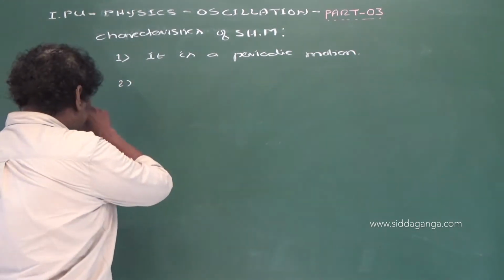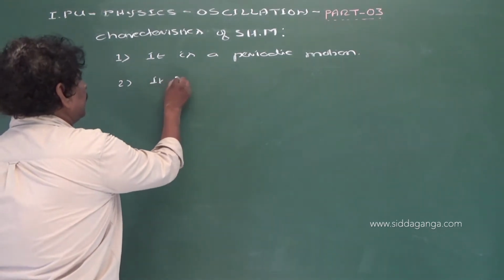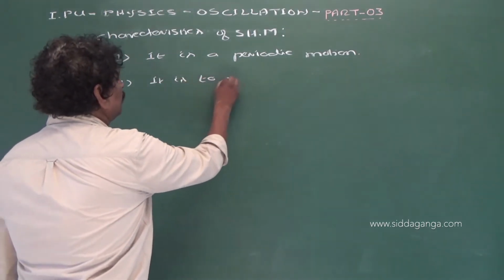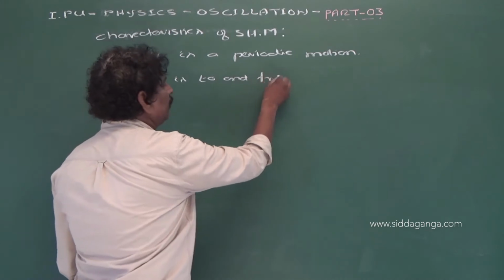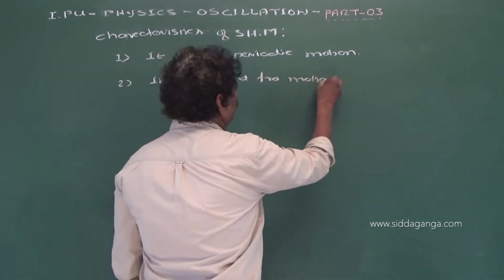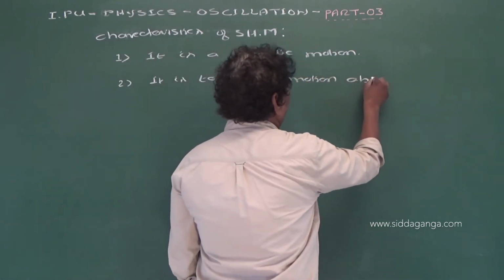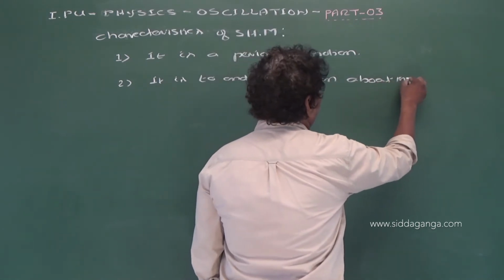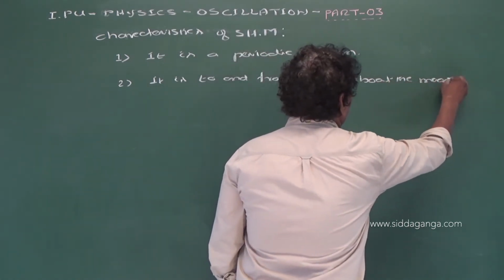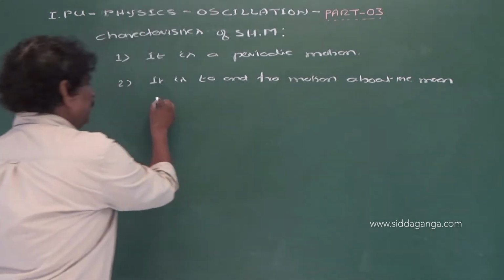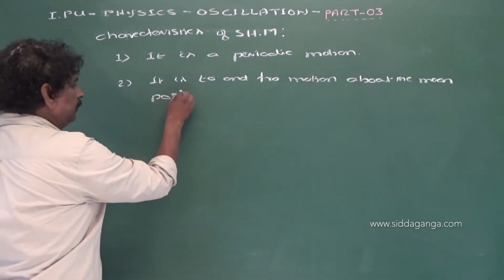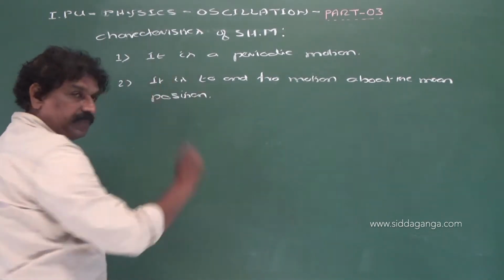Therefore, simple harmonic motion is also periodic. Second one, it is to and fro motion about the mean position.